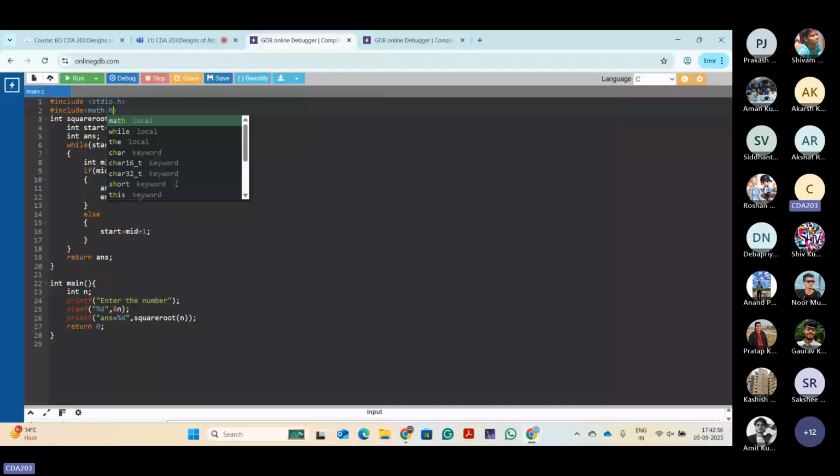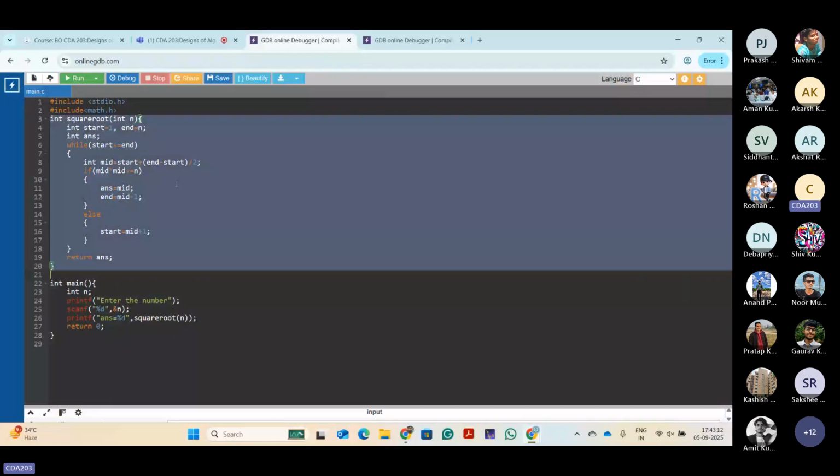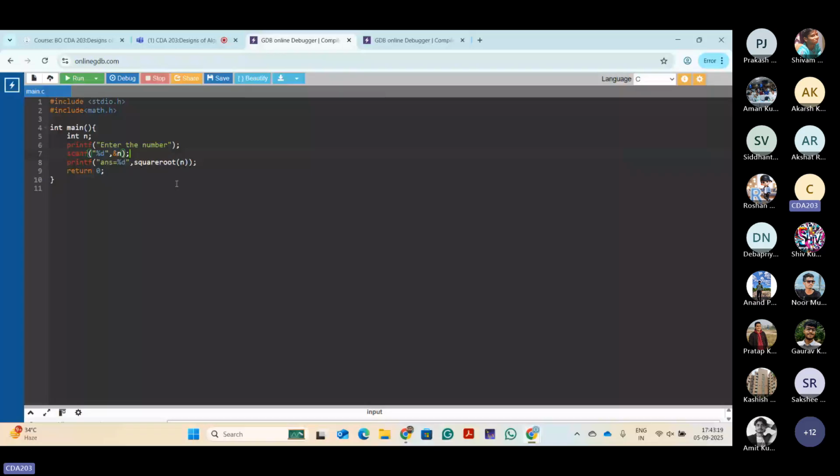So you don't need to use this function. We can erase the whole function. You can directly go here, scan the number, and write integer. The only problem is that this function will not actually give you the integer, sometimes, depending on the value whose square root you want to find.